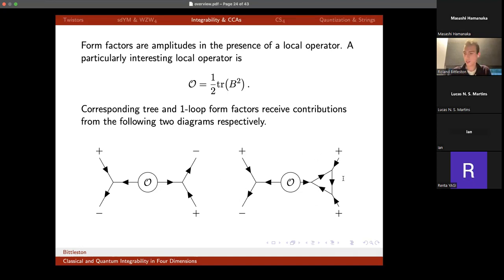So far, everything I'm saying in this section is actually classical, so I should be a little bit careful about drawing this diagram. In fact, you can see that if I take the momenta of these legs to become collinear, something interesting is happening because there's this triangle diagram. So I should be very careful about this. I should worry about quantum effects, which we'll come to later. But these are just illustrations of the diagrams that contribute in a form factor. Crucially, I'm allowed to insert this operator O, but I'm only allowed to insert it once.